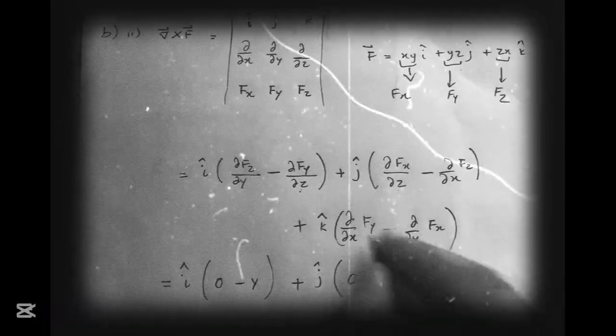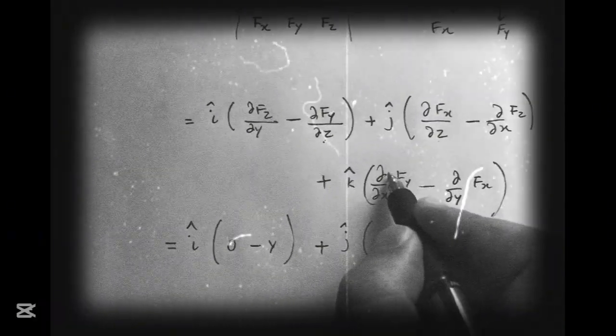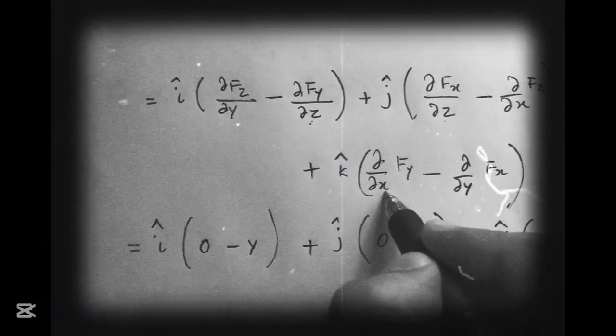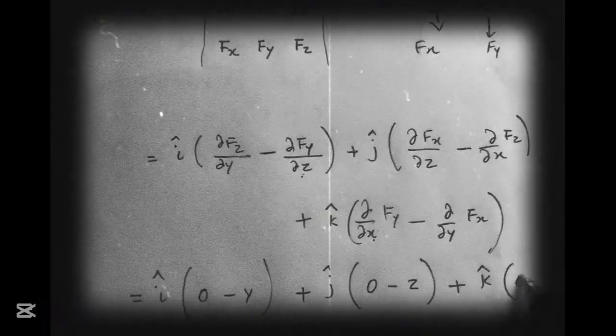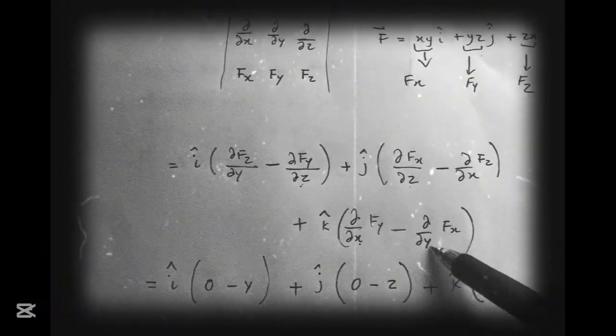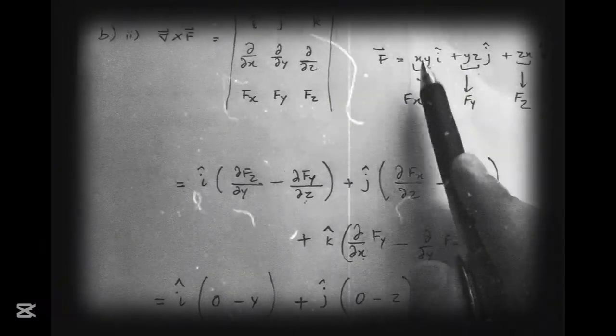Finally, the third term: if I take the partial derivative of fy with respect to x, I don't have any x sitting in fy, so that will give me 0. And the partial derivative of fx with respect to y will give me x.